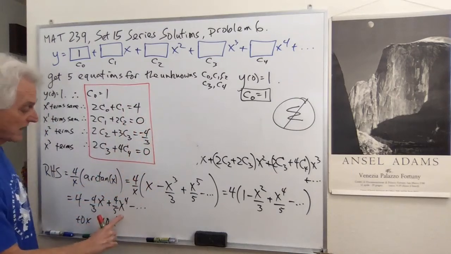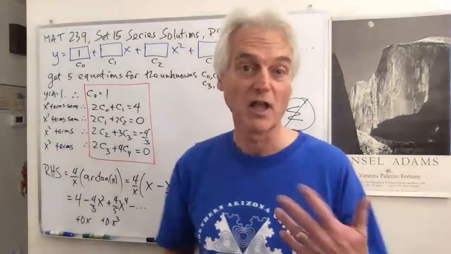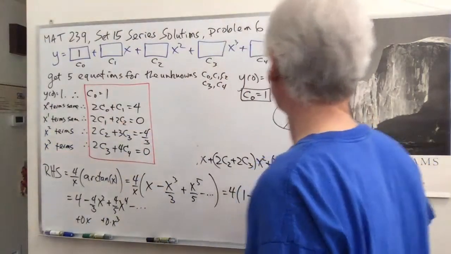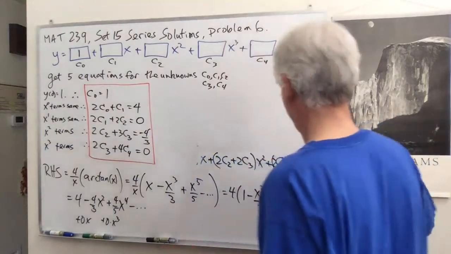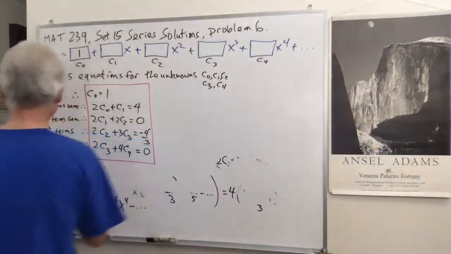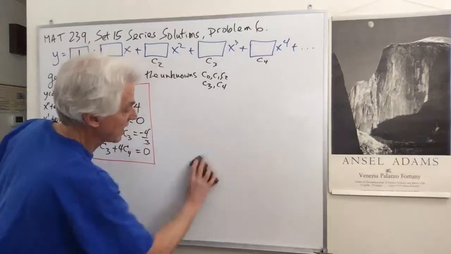I don't even need that 4/5 x to the 4th term. Okay, it doesn't matter. All right, so now I can get rid of everything but our boxed system of 5 equations and the 5 unknowns.